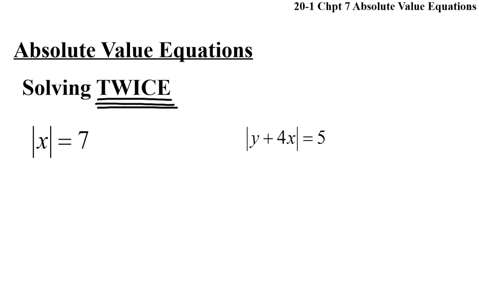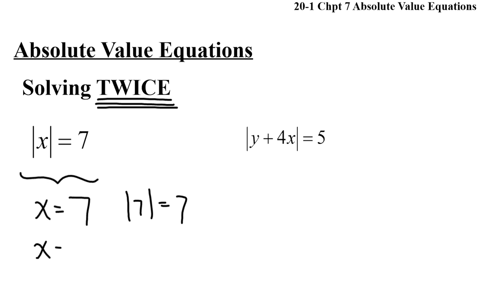Because if we look at a really simple, straight up absolute value equation, the absolute value of x equals 7. Well, what does x equal? Well, x could equal 7. Because if I substituted 7 in, what's the absolute value of 7? It's 7. However, we also realize what else could x equal?